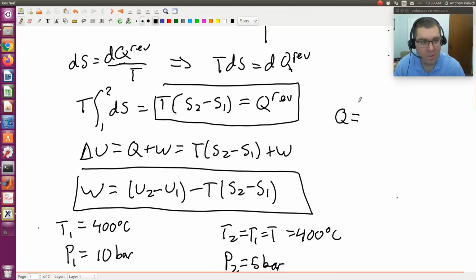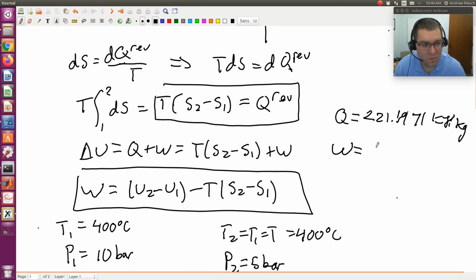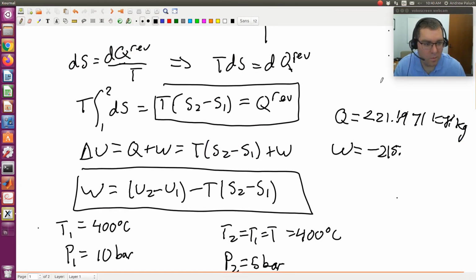So let's write down the values, and then let's see if they make sense in terms of the sign. So 221.1971. Again, I'm going to apologize for the stylus. The semester's too short, so probably be all done by the time a new one comes in. So negative 215.3971, and that's kilojoules per kilogram.